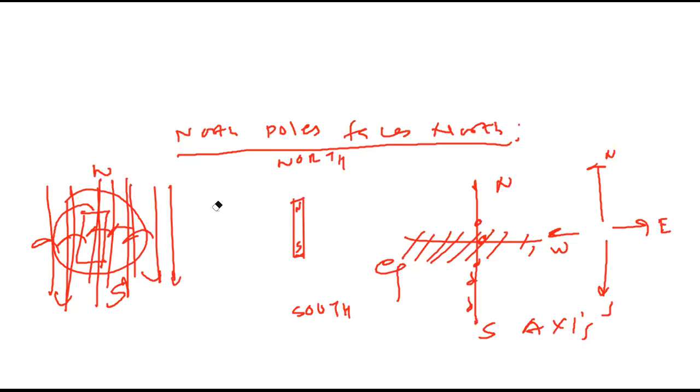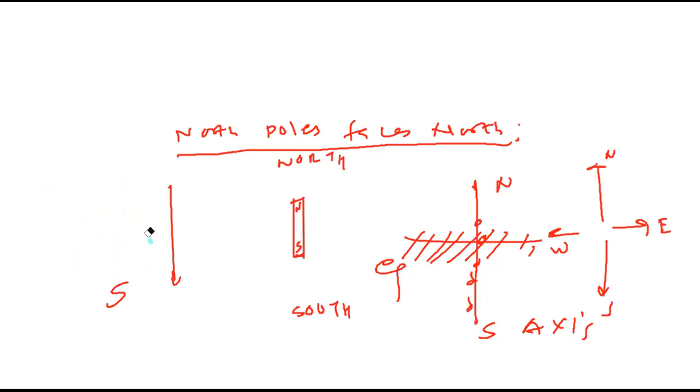Not followed? See, I can't change the earth, but I can definitely change the magnet. So when the magnet's north is facing north, if the point is on the axis, then its magnetic field is from south to north.